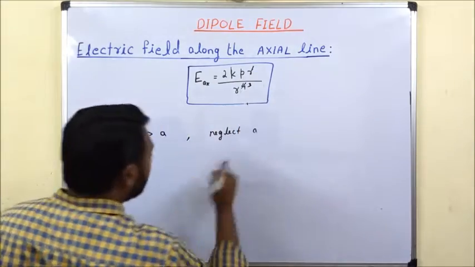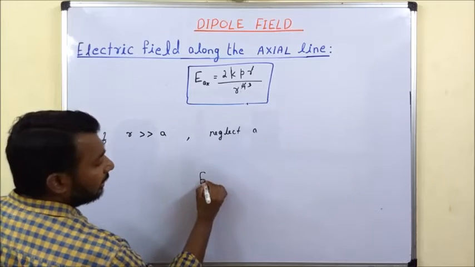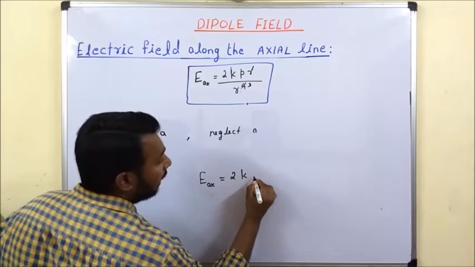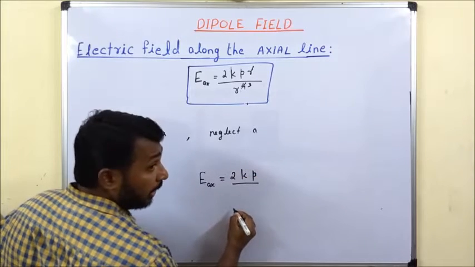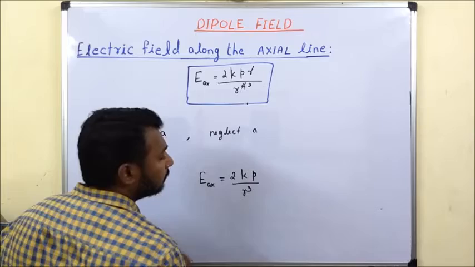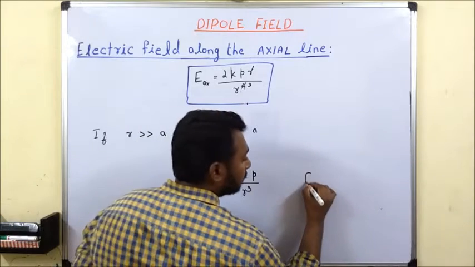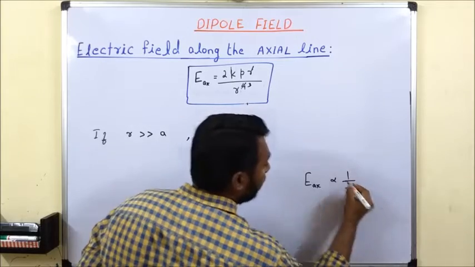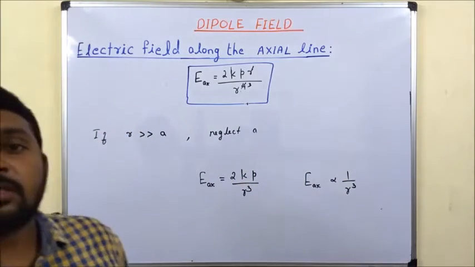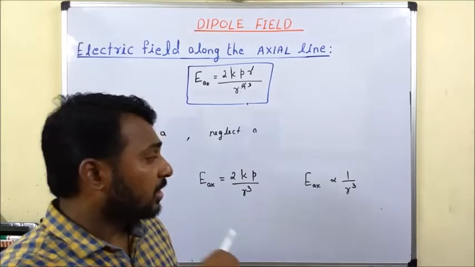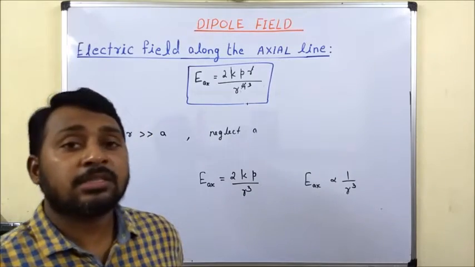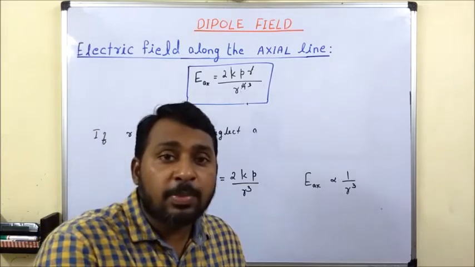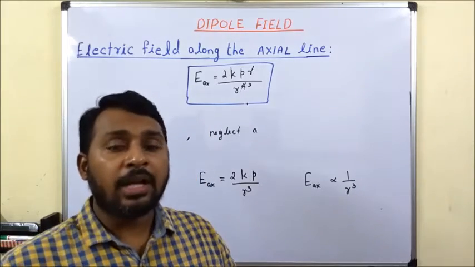So in this special case, EX is equal to 2KP divided by R cube. It's clear that the net electric field is inversely proportional to the cube of the distance. What is this distance? The distance between point P and the center of the dipole.